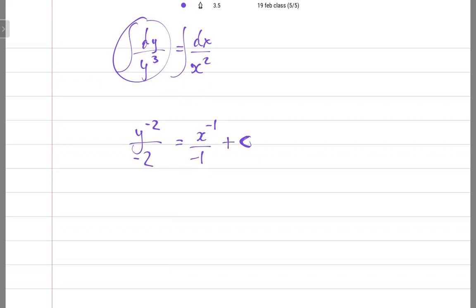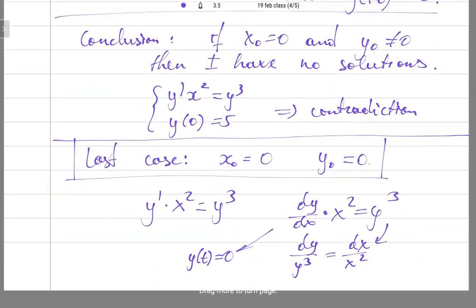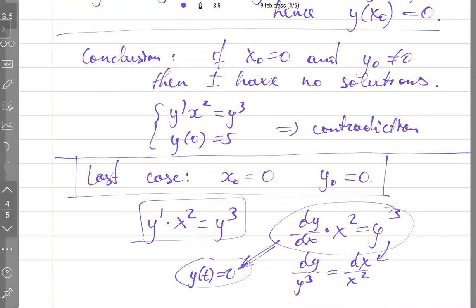Any questions? No questions. And do not forget the special solution y of x equal to 0, because on the previous slide we divided by y, so the special solution y always equals 0.